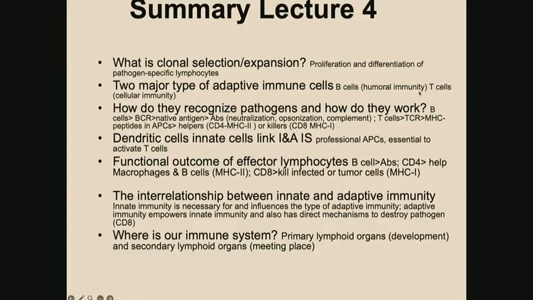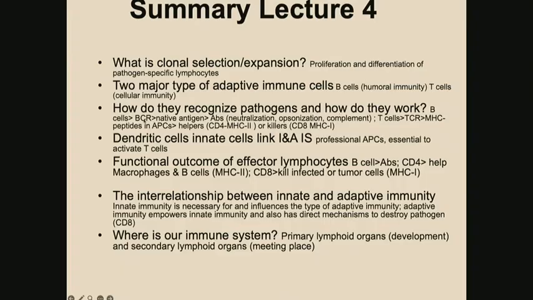Okay. And the T cells are called cellular immunity because the T cells do not produce antibodies, and they exert their effector function by killing, for example. Or they produce cytokines that help macrophages in the case of CD4 T cells, and this is coming here. How do these adaptive immune cells recognize pathogens, and how do they work?